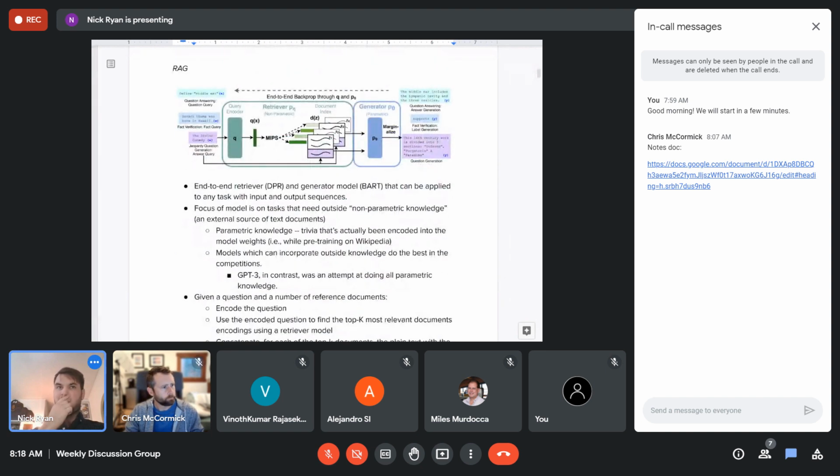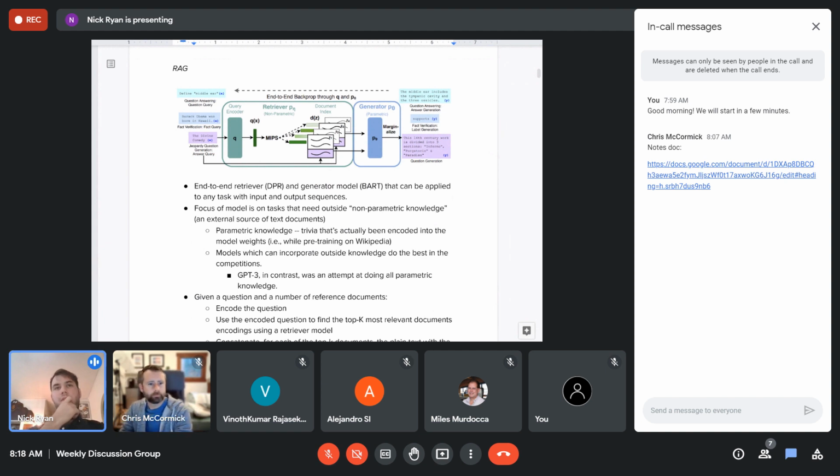Okay, so these are the two core components of RAG. This is their diagram of the entire system, and one of the advantages is that the whole system can be trained end-to-end through backpropagation.